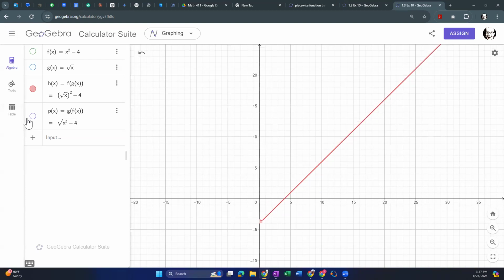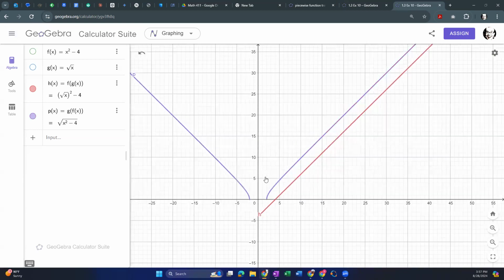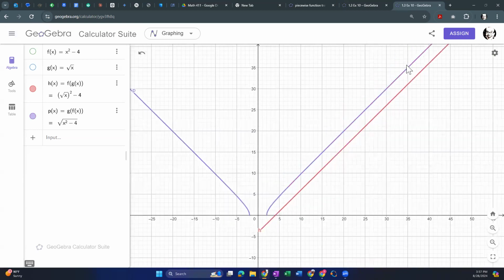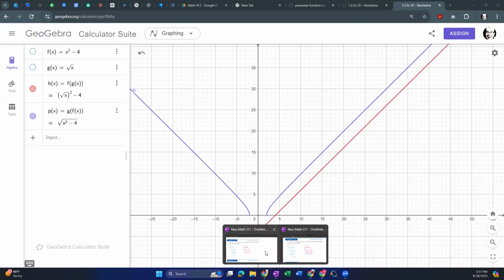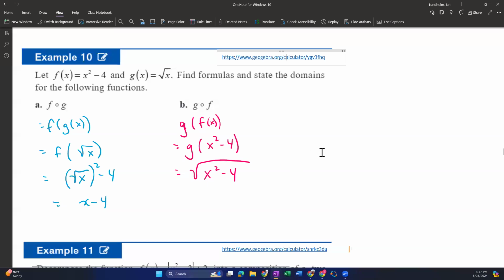I should go back and I'll try to point that out in the notes. And here's the other function. They're somewhat similar there. They both look kind of liney, but definitely different functions when they are composed in different ways.